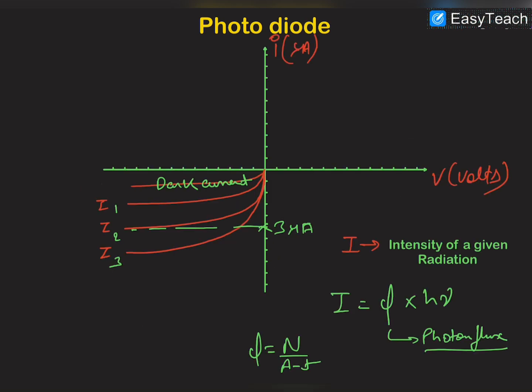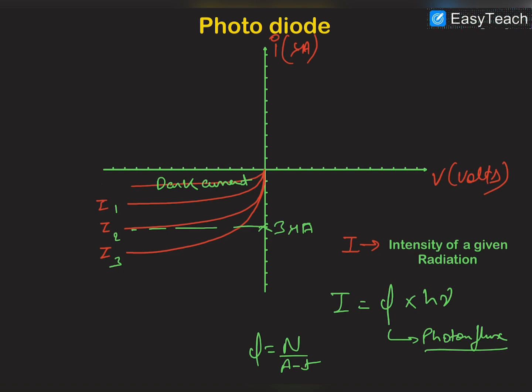There is no analytical analysis of this photodiode. It is just a simple reverse biased p-n junction diode which has mild doping, not very heavy doping. Due to heavy doping, the Zener reverse breakdown region would be reached very soon, and we do not want the reverse breakdown region to be reached in a photodiode.